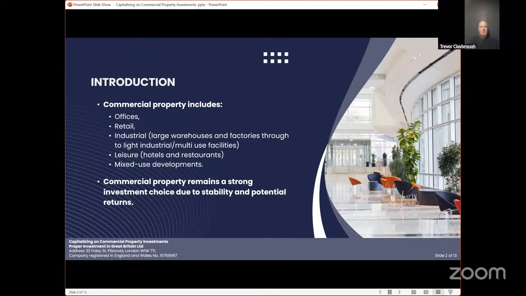So we can have shops, shopping centers, and above and around, a mix of offices, residential accommodation, potentially hotels or serviced apartments as well. Commercial property remains a strong investment choice due to stability and potential returns.